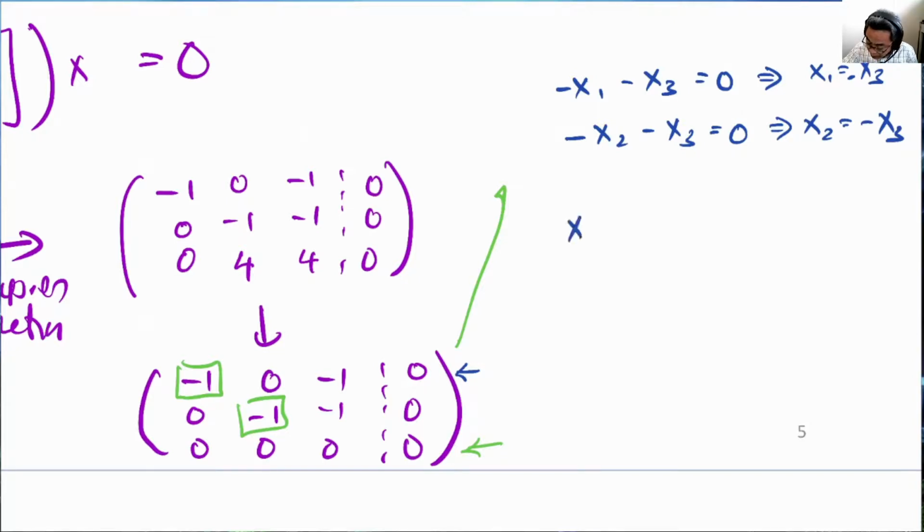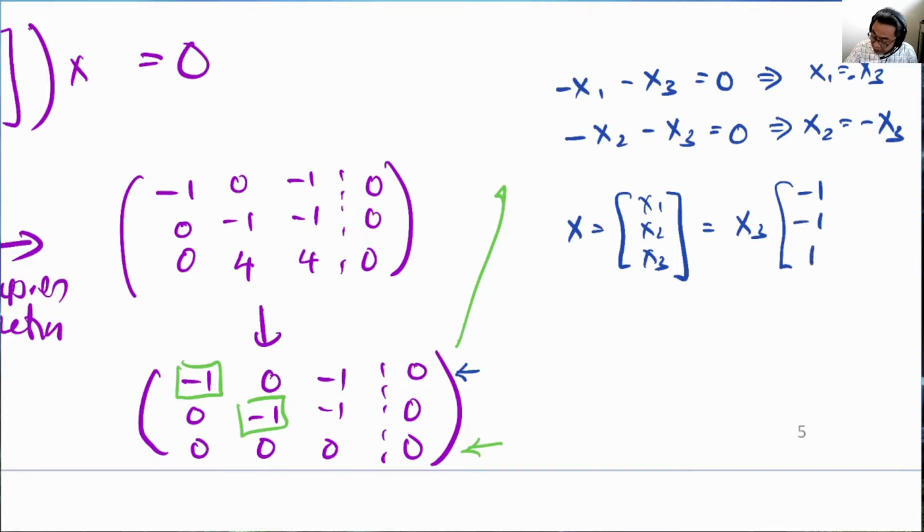Therefore, the vector x equals x1, x2, and x3, where x3 is the free variable. We can write it this way. By making x3 the free variable, x1 equals minus x3 means this form, x2 equals minus x3 means this form, and x3 of course equals x3. We can just set the third element of x to be 1.